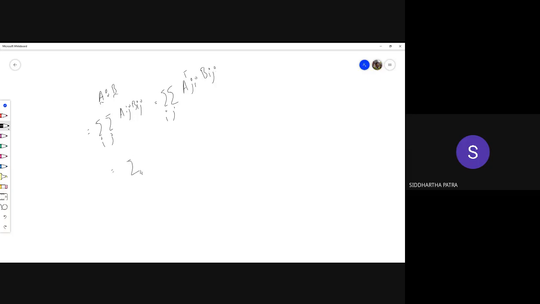It can be written as summation over j, summation over i, because limits on i and j are independent, like a definite integration over a rectangle. So I can change the order of summation. So what I'm doing here is A transpose ji, bij, basically summation over j, A transpose B.